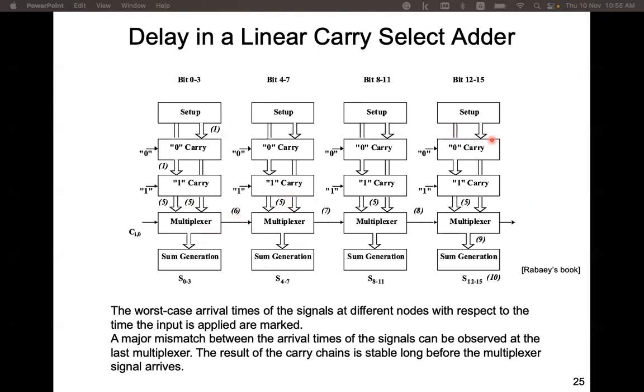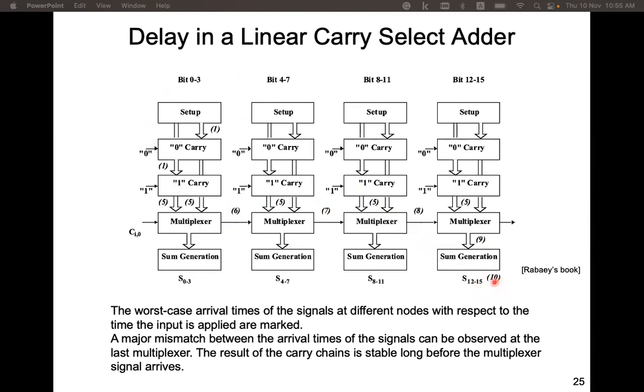And all these above 3 rows, they produce the output at the same time. They run simultaneously. So the output of the carry block of the second stage is available at time 5. The third block is also time 5. The fourth block is also time 5. And now along this critical path, the delay is 6 here, 7 here, 8 here. Now finally, 9 and 10. So that's the critical path.